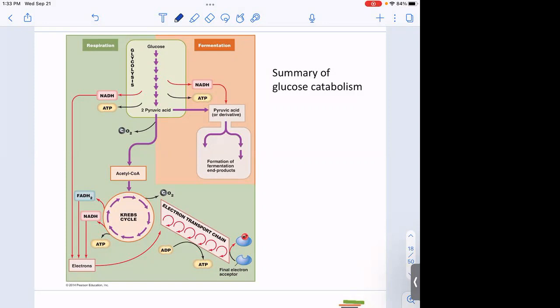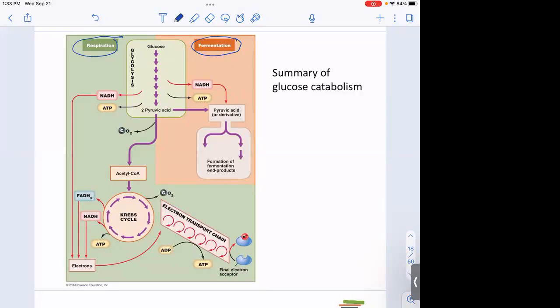So glycolysis, you can see, is part of both respiration pathways and fermentative pathways. Okay, so we always start with some glycolytic pathway where sugar is split, the lysis of sugar. We'll talk more about fermentation.